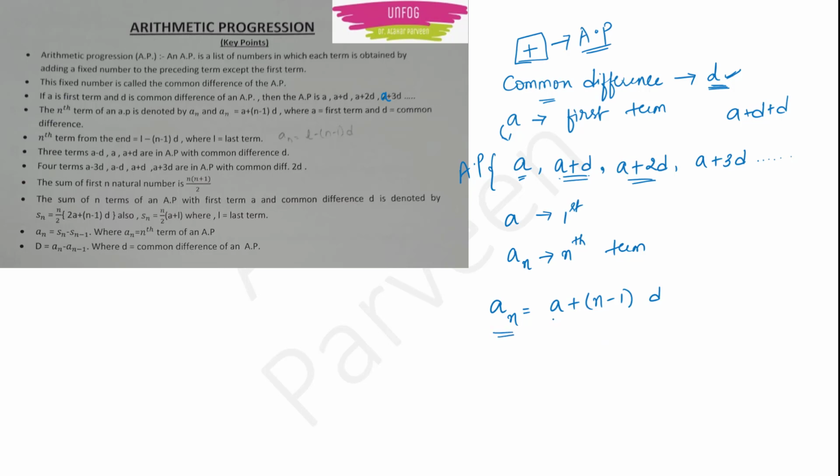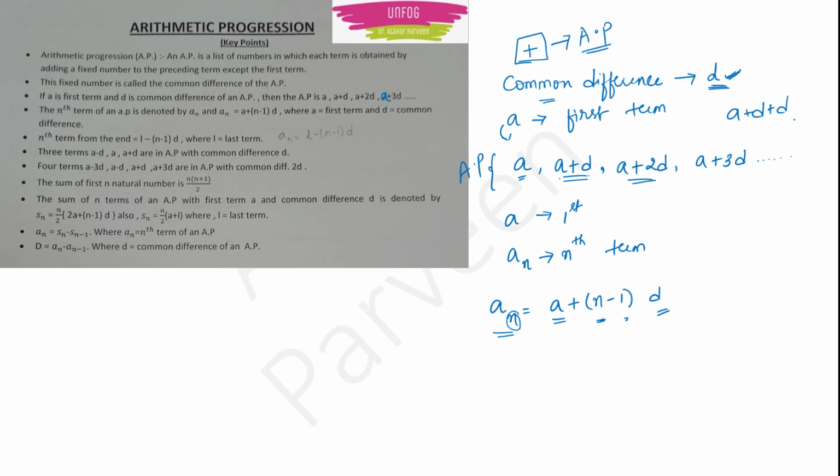An means nth term, A means first term, n means the number itself. Okay, whatever n you are substituting here, that nth number will be there. Then 1, we know what it is, it is just a number, and D is the common difference. That is the fixed term which we add with the previous number to get the arithmetic progression. Okay, this is one important formula.